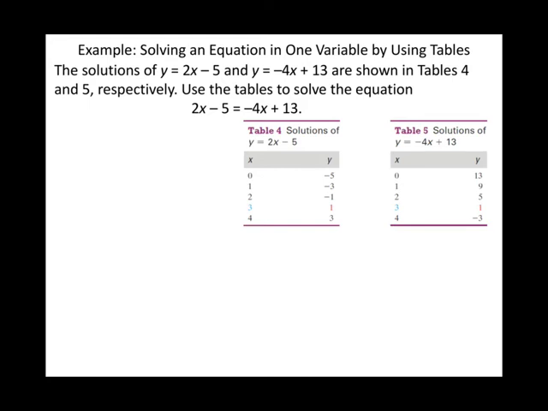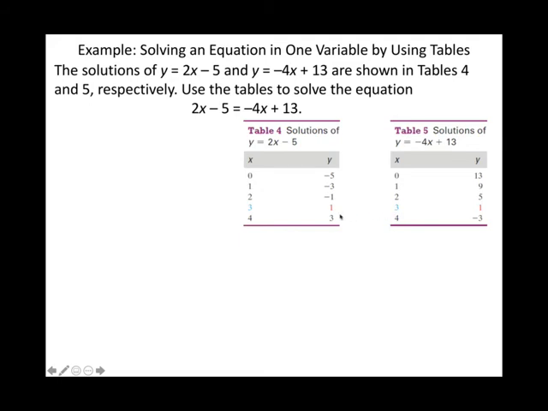Solving an equation in one variable by using the table. The solutions of y equal to 2x minus 5 and y equal to negative 4x plus 13 are shown in the tables. Use the tables to solve the equation. So this example is really similar to the previous one. Instead, they didn't give you the graph. They give you two tables of the solutions.